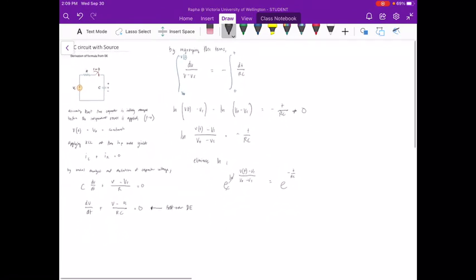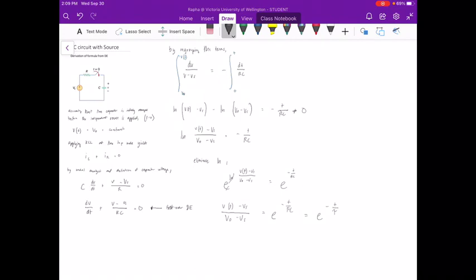We have (Vt minus Vs) over (Vo minus Vs) is equal to e to the power of negative t over RC, or e to the power of negative t over tau, which is our time constant. Our time constant being equal to R times C.